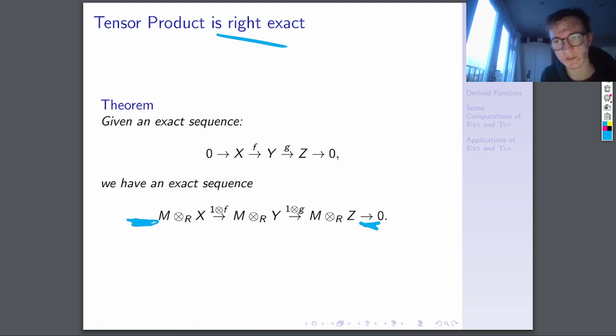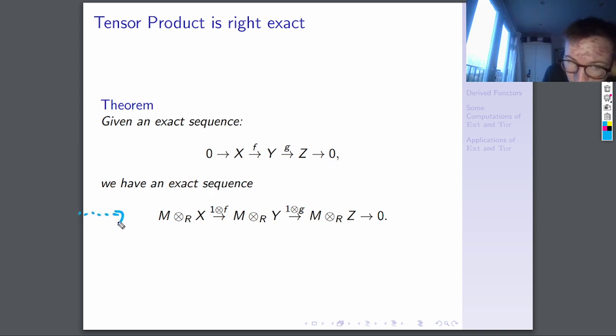So that's right exactness. And again, you might be wondering, can we continue this short exact sequence in some way? And the answer again lies in Tor, so we will be looking at that in further detail later.